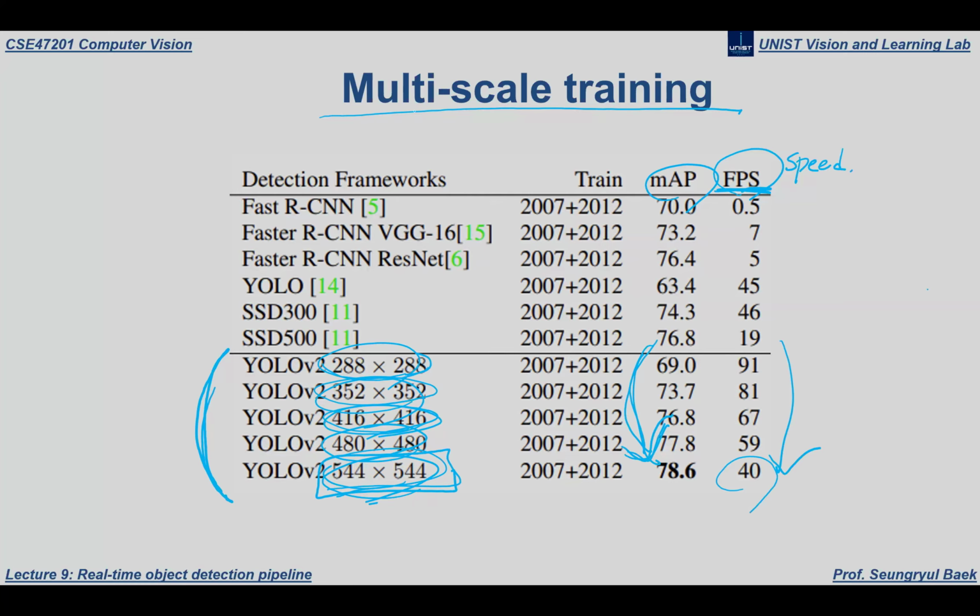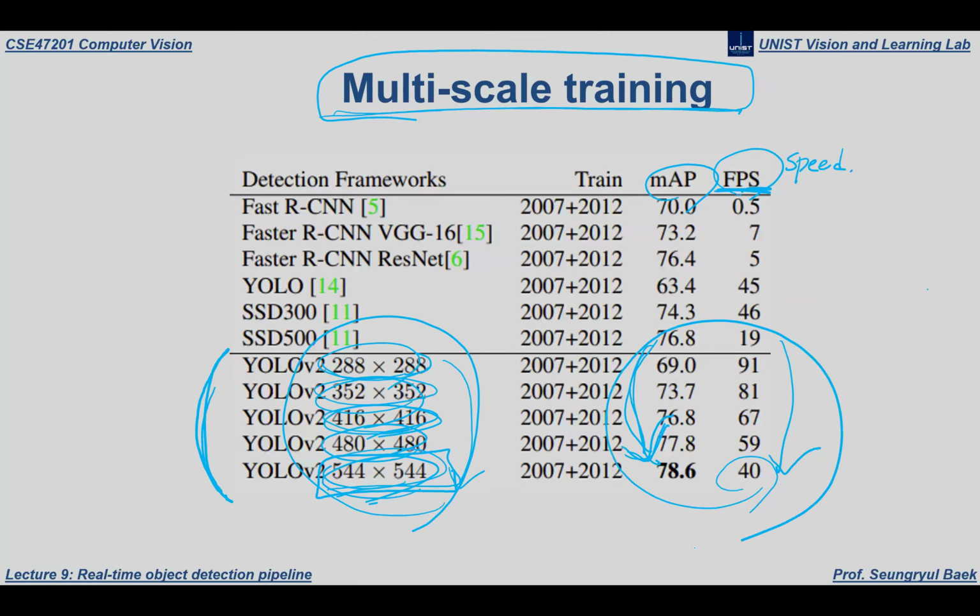So after multi-scale training, we can adjust the inference input image size depending on the application. If we require high speed, we can use a middle or lower level image size to secure real time or high speed rather than accuracy. But if we require higher accuracy, we can select a higher dimensional input.